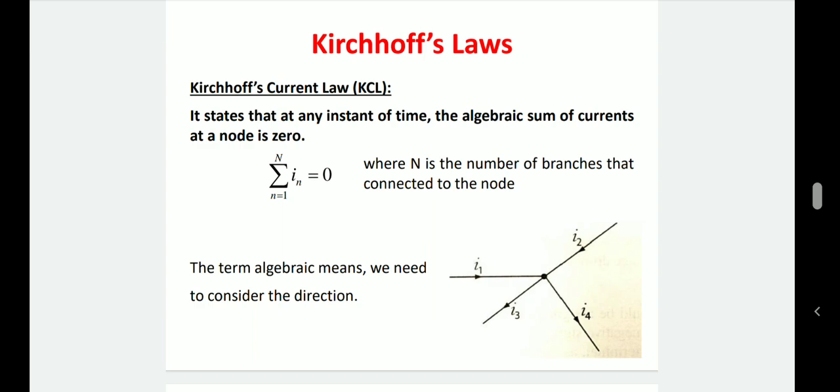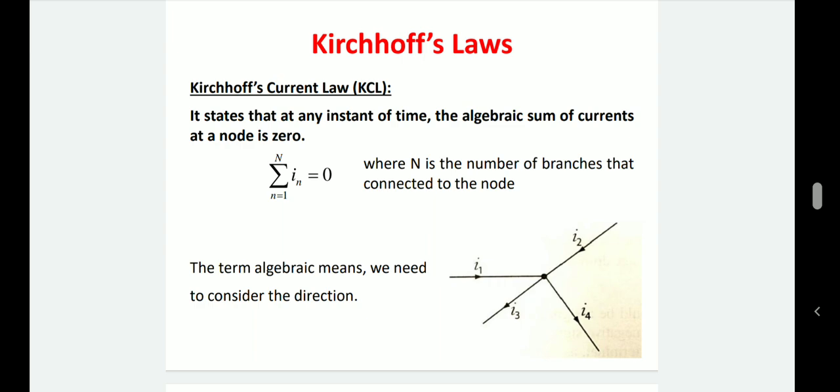KCL states that at any instant of time, the algebraic sum of currents at a node is 0. A node, as we have already discussed, is a point where two or more electric components are interconnected. So KCL states that the algebraic sum of currents meeting at a node should be 0.